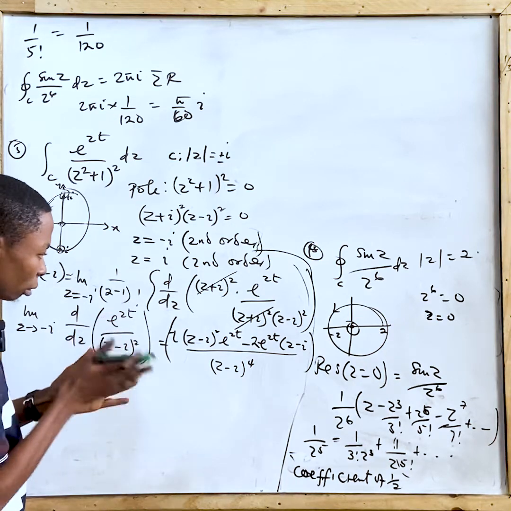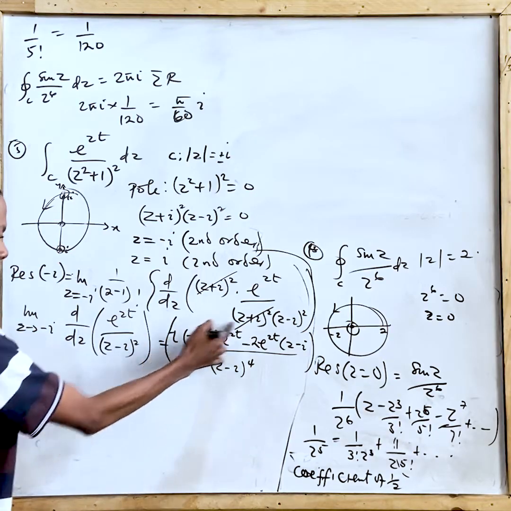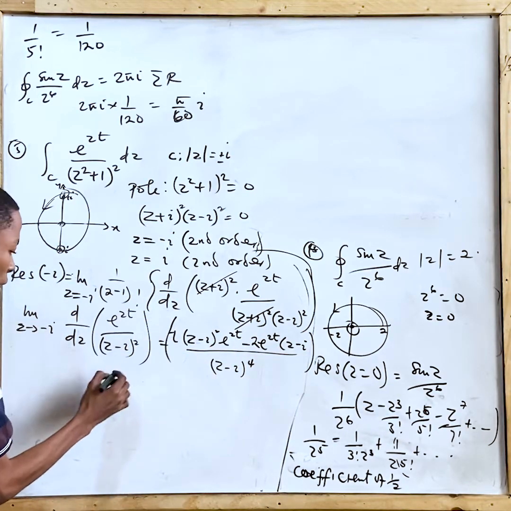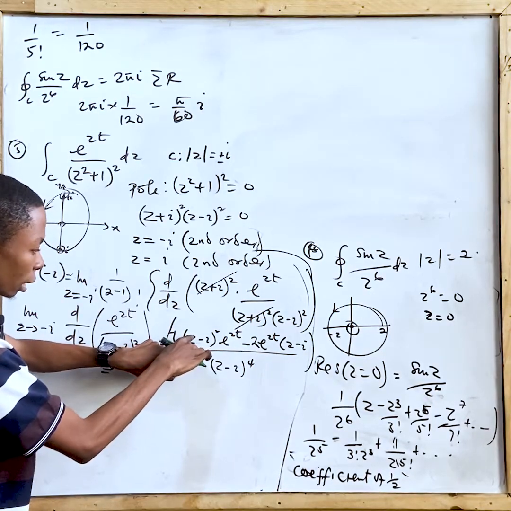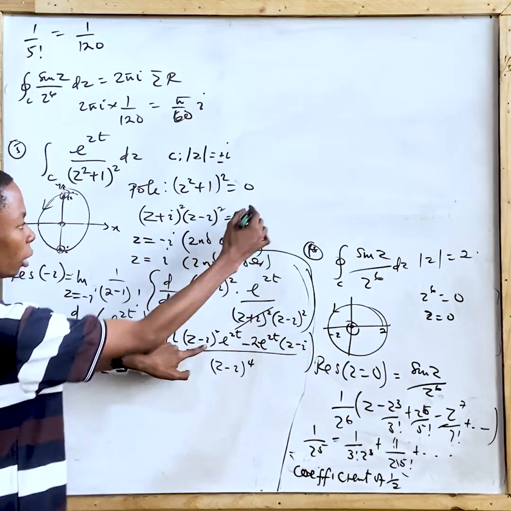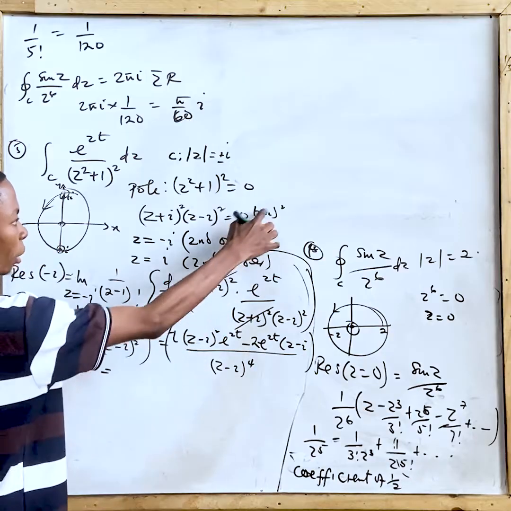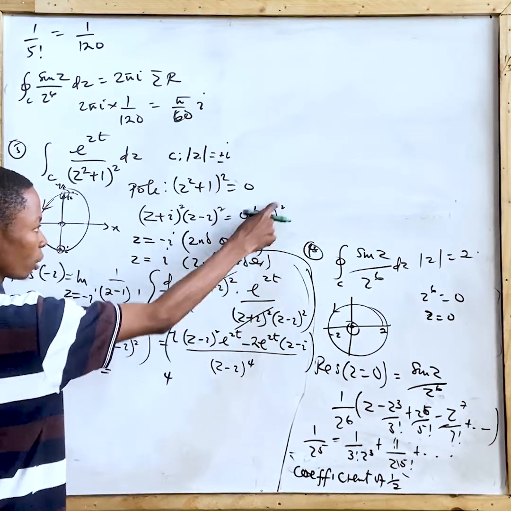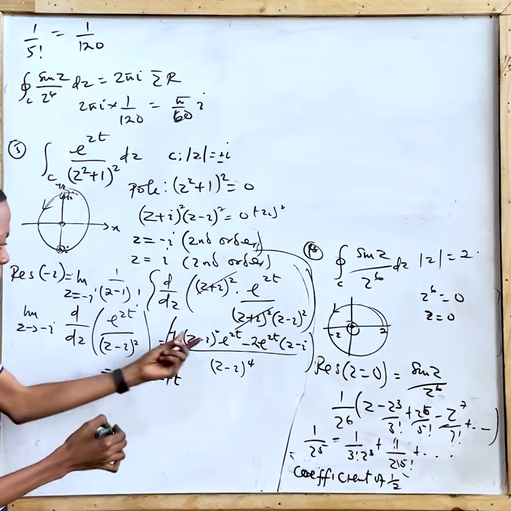Is there anything we can do? No. So just put z equals minus i at z, not at t. If I'm putting minus i here for z, minus i minus 2i, minus 2i all squared, that's minus 2 squared, 4. i squared is minus 1. This will be minus 4t for this one.